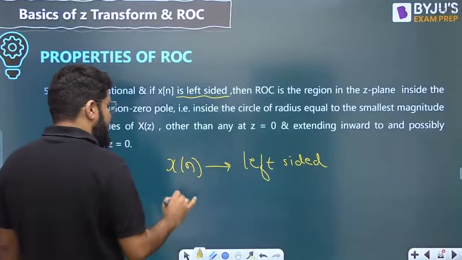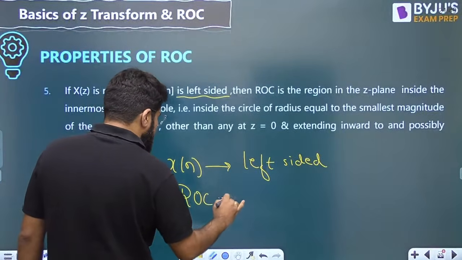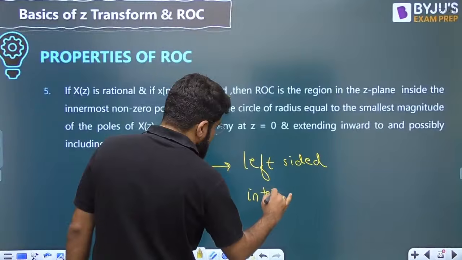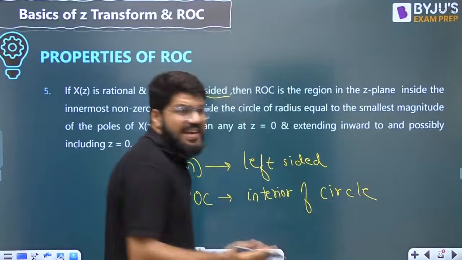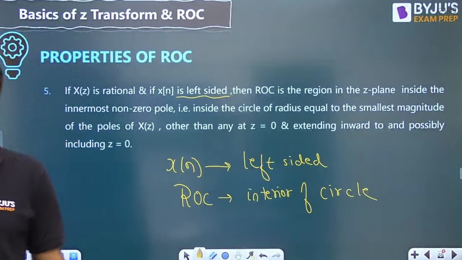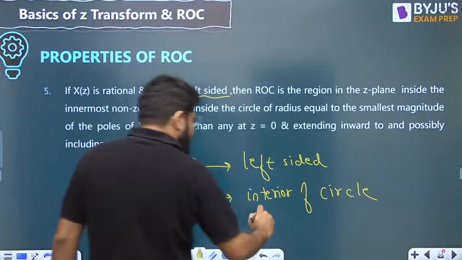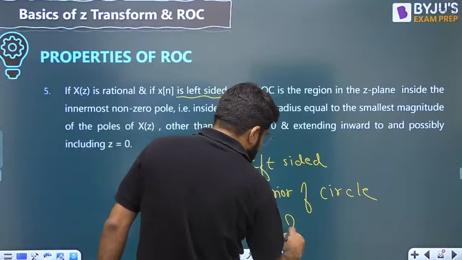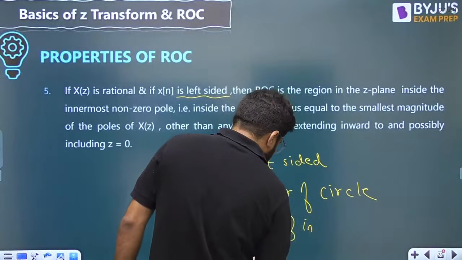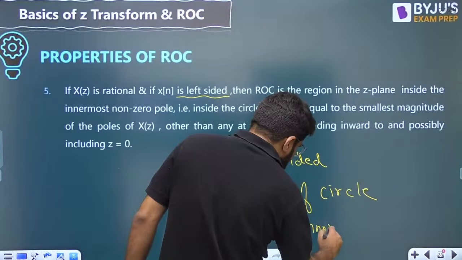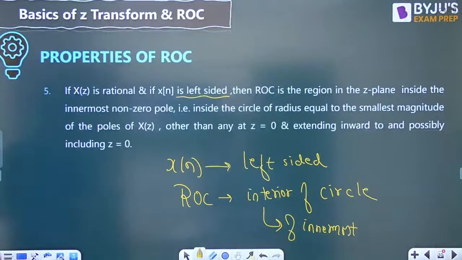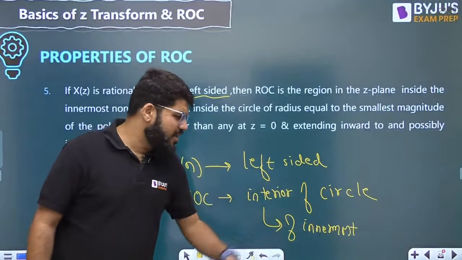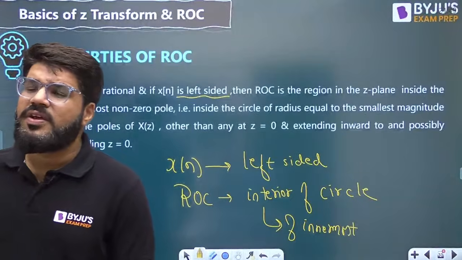If a signal is left-sided, then the ROC is the interior of a circle, lying inside the innermost pole. Interior of the innermost pole, the smallest pole. So for a left-sided signal, the ROC is the interior of a circle, lying interior of the innermost pole.